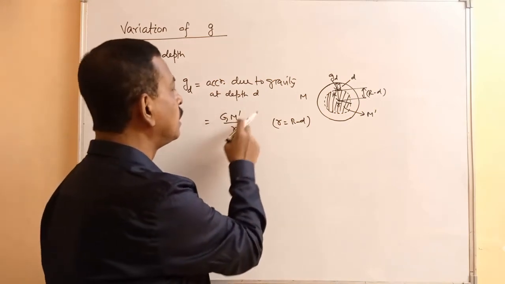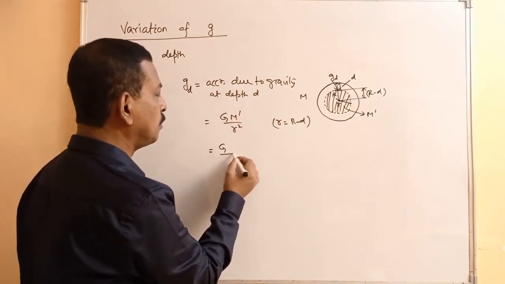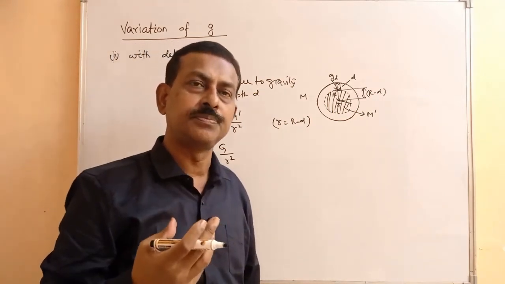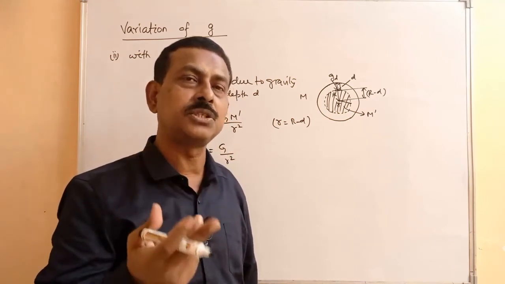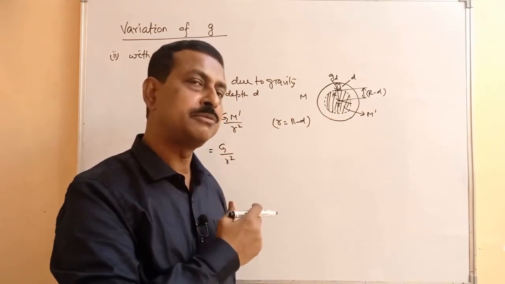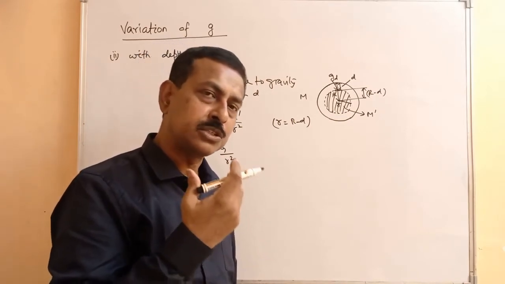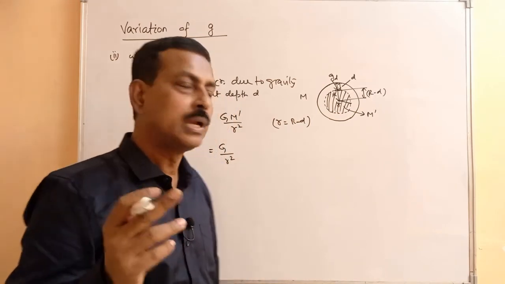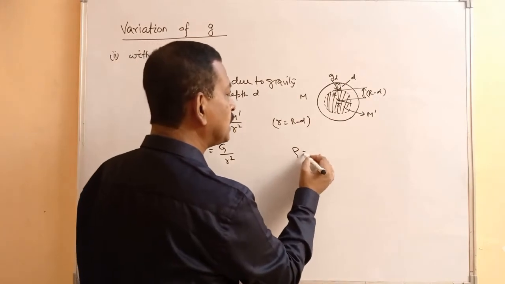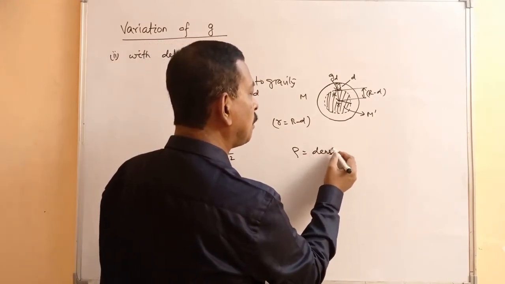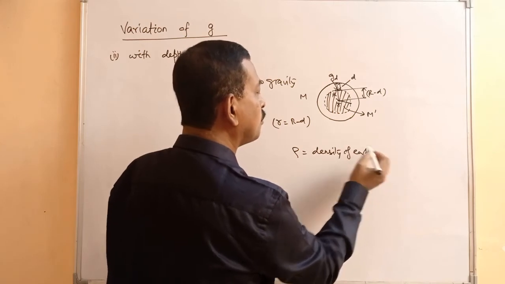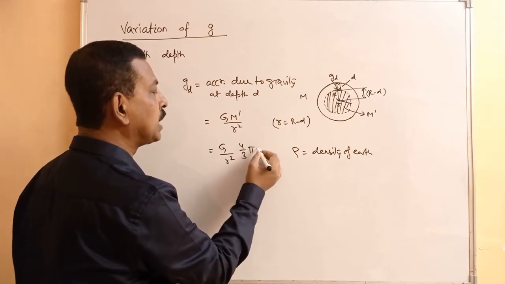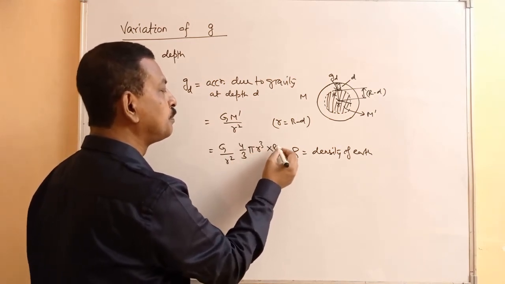If Earth has uniform density rho, then the density is M over 4/3 pi R cubed, and M' will be 4/3 pi r cubed into rho.